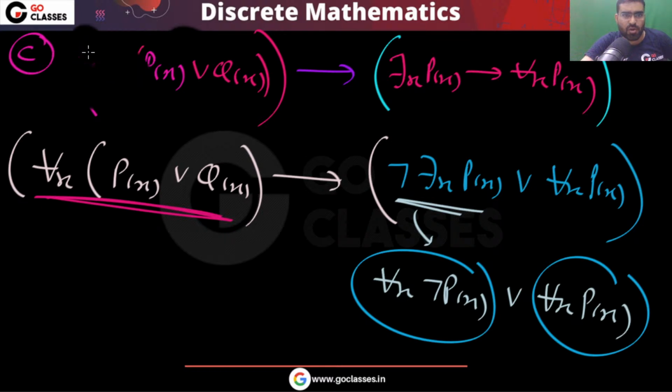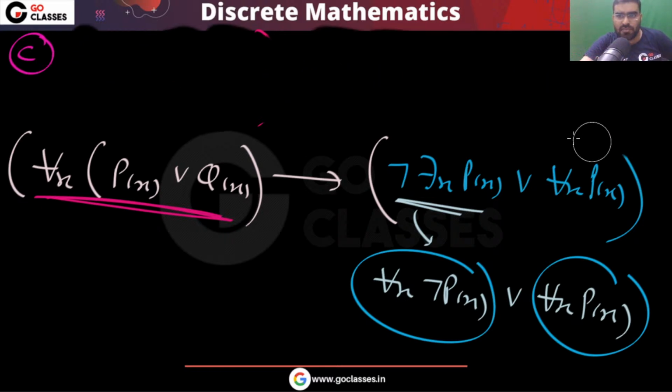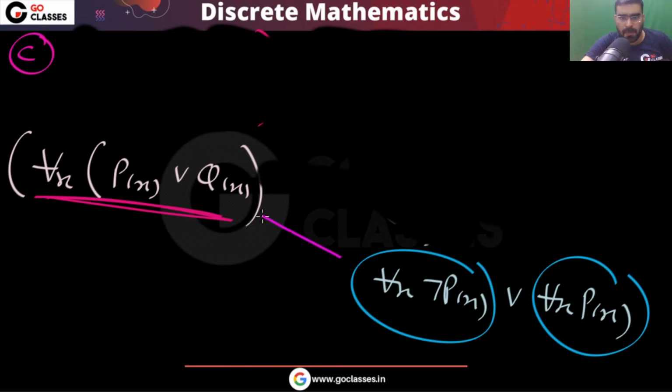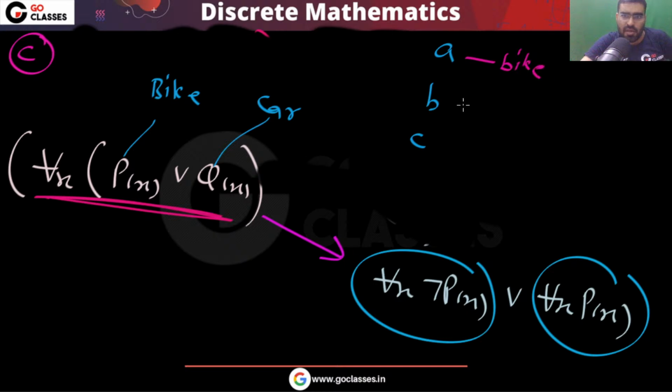Forget about everything else. This is invalid because if everyone has P or Q, for example, either bike or car, let's assume in this city there are three people. Maybe this person has bike, maybe this person has car, maybe this person has bike and car.